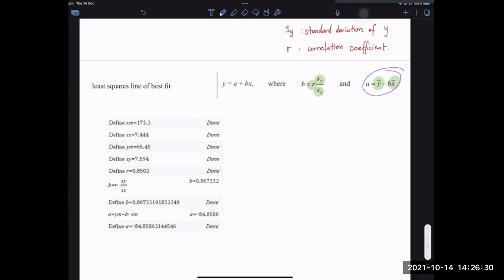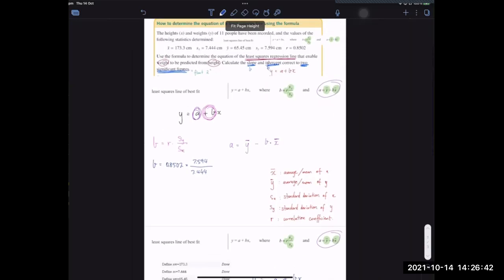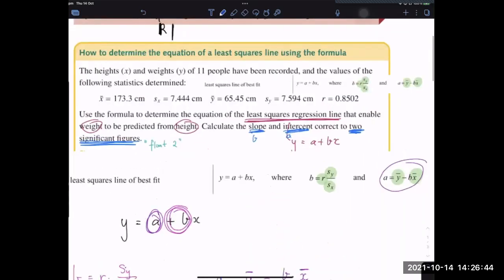Okay. So what we ended up getting for our y equals a plus bx. What was our y if we have a look at our question? What was our y? You can type in the chat if you want. Weights. Yes, correct.